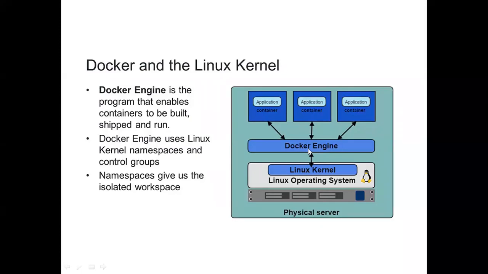Initially, it was only for Linux flavors: Ubuntu, CentOS, Fedora, RHEL, and so on. In May 2019, Microsoft announced that they are also supporting Docker, and it is open source, so anyone can use it.